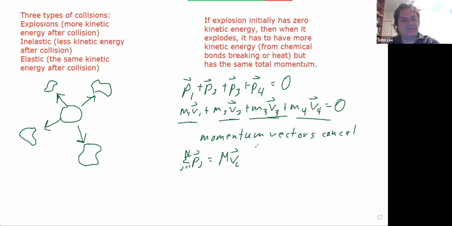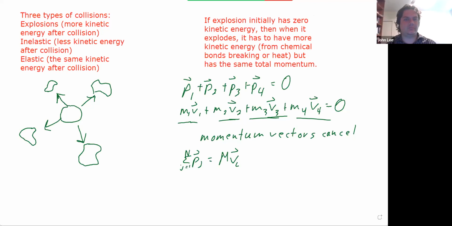But in physics classrooms, this is probably the least seen type of collision because it's also the most likely to go awry and the most difficult to keep track of. So this is explosions.